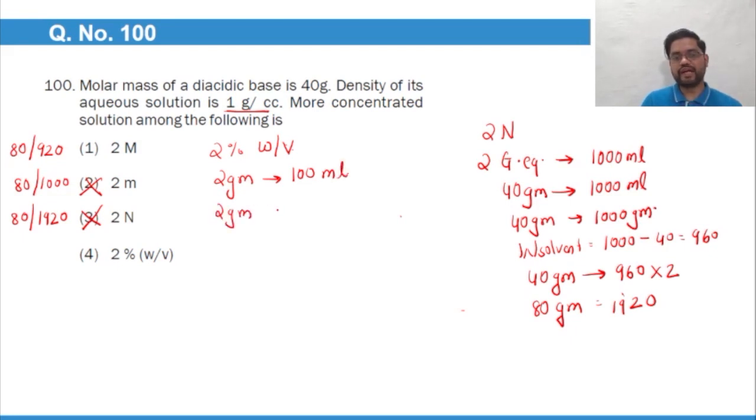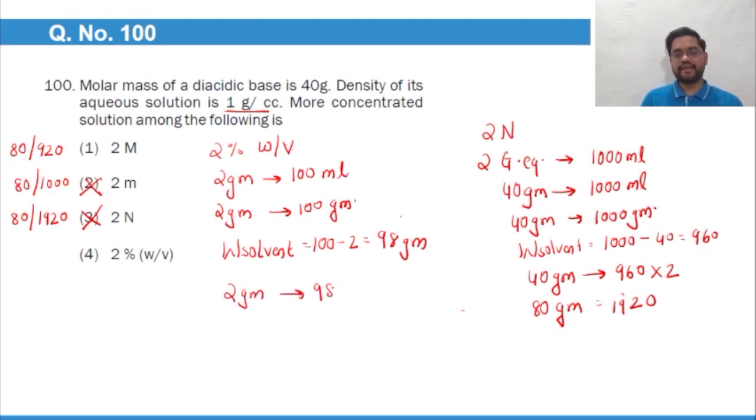Similarly, weight of solvent will be equal to 100 minus 2, that is equal to 98 grams. So 2 gram of solute is present in 98 gram of solvent.